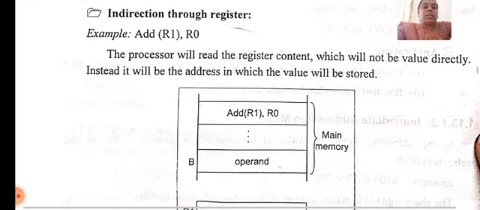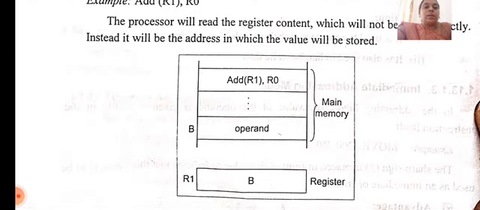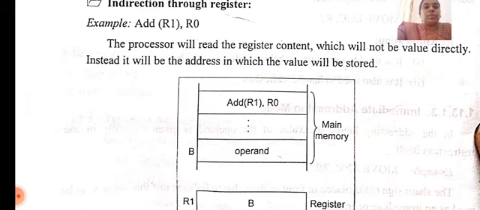For example, in this diagram, the processor reads the register content, here R1. The register content is not a value directly.